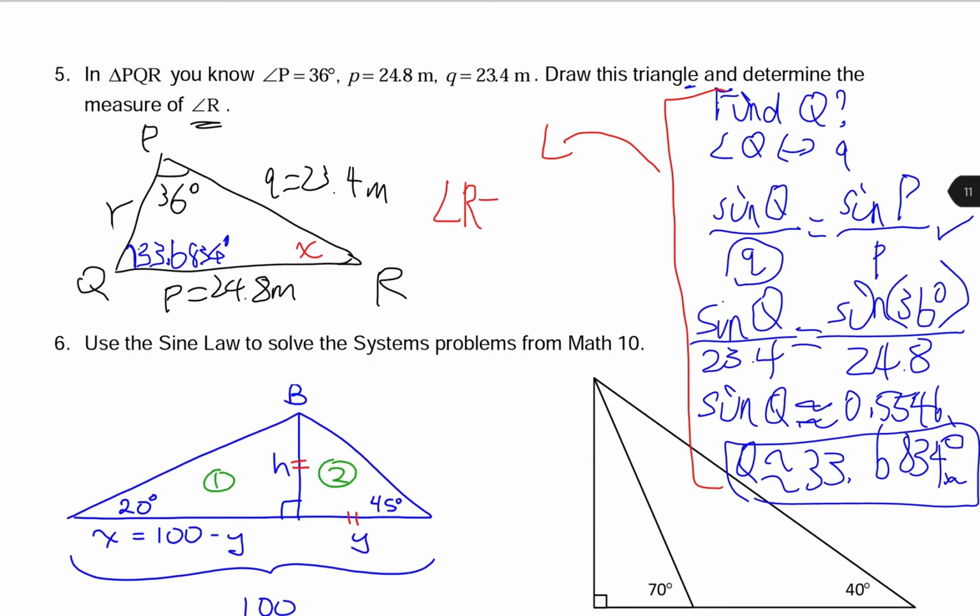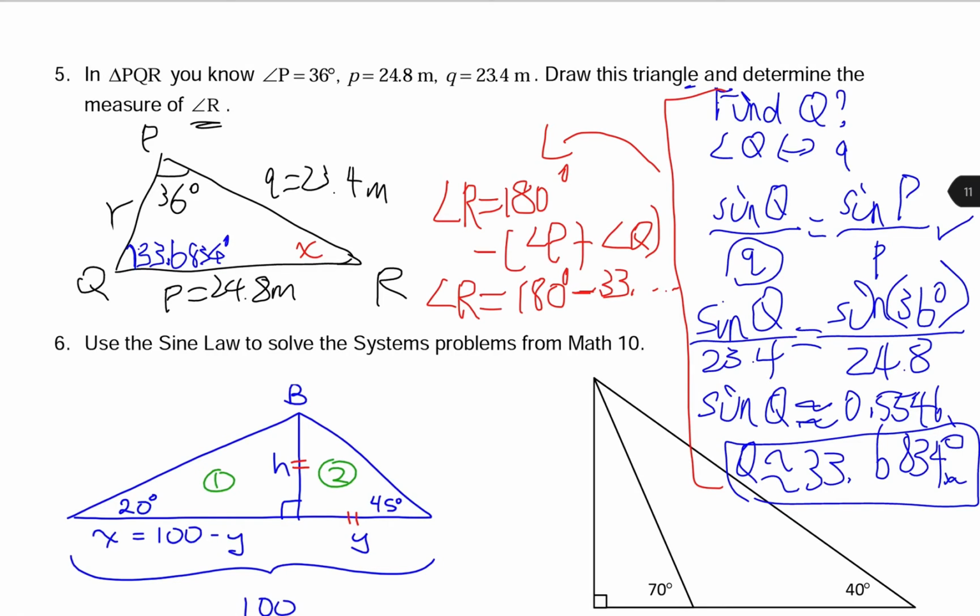R is just 180 minus 36 degrees. And I should probably write out the full thing: 180 degrees minus angle P and angle Q, which gives us 180 minus 33 point something, and minus 36 something.